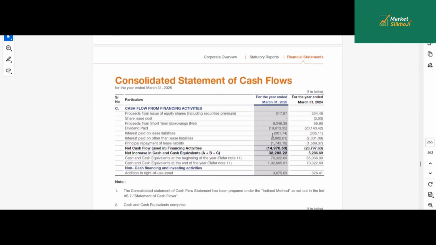So overall the debt to equity ratio is in a reasonable range. But of course, here also the biggest number, if you look at all the line items, is dividends only. 196 crores here, 200 crores last year. So last year they paid 200 crores. This year also they paid close to 200 crores in dividends. So this company is also paying a lot of dividends.